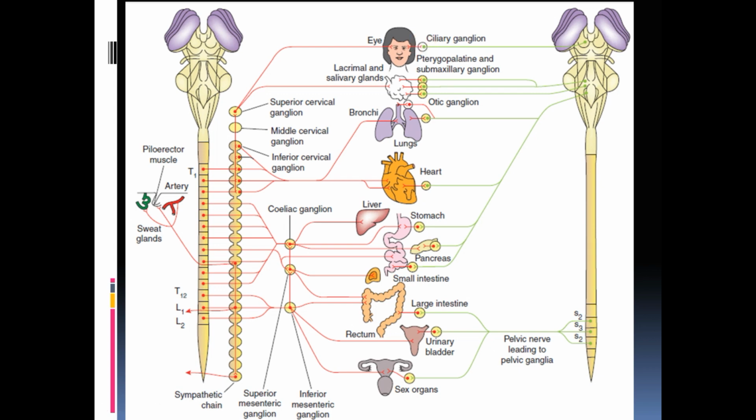From this, the postganglionic fibers arise and supply the pupillary muscles, the smooth muscles in the pupils.